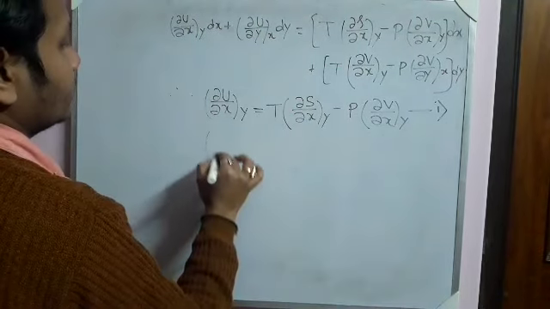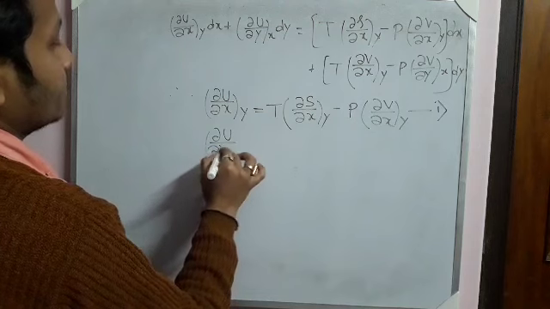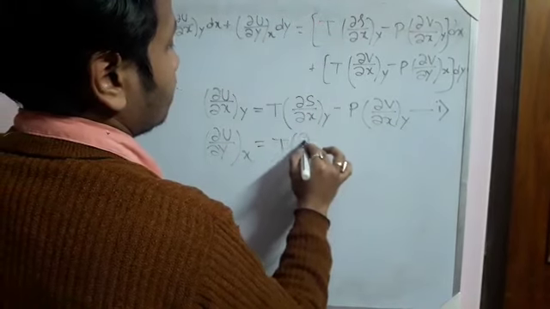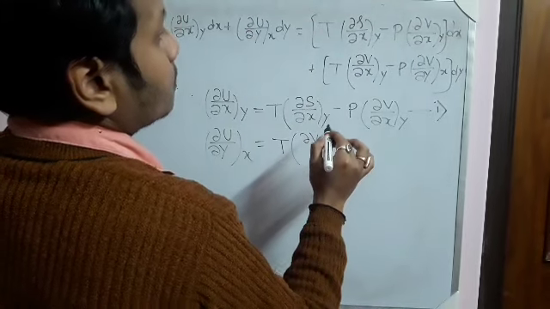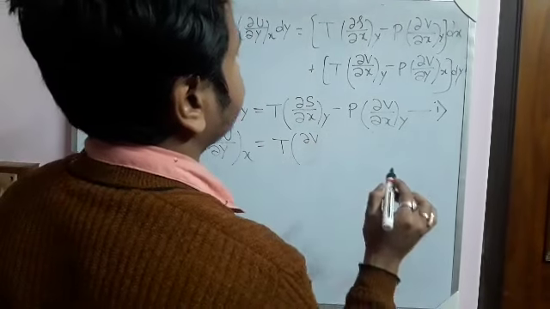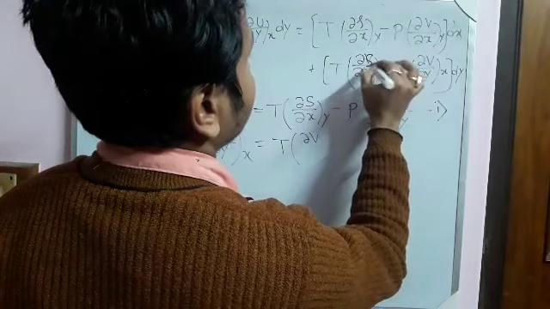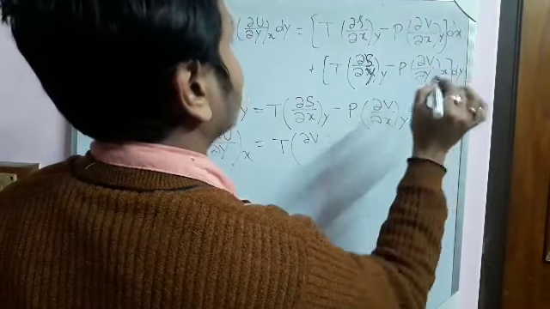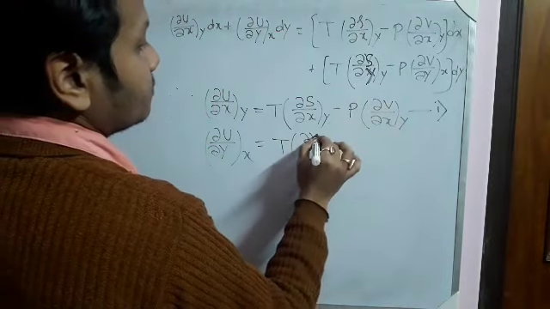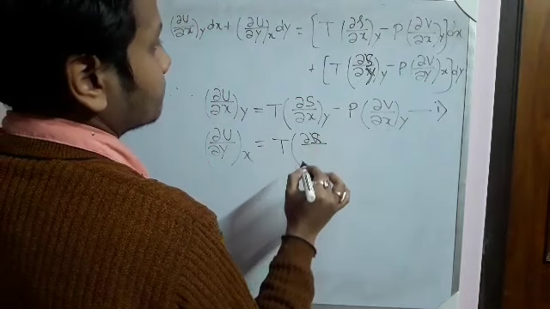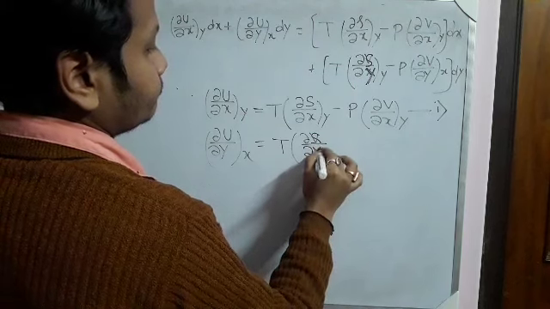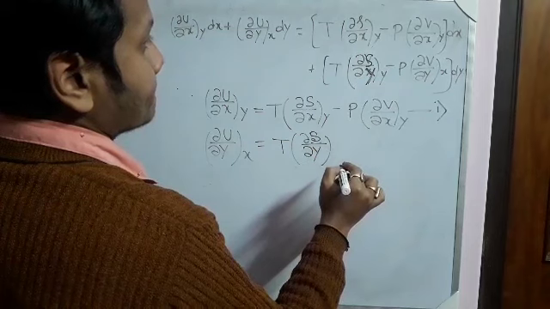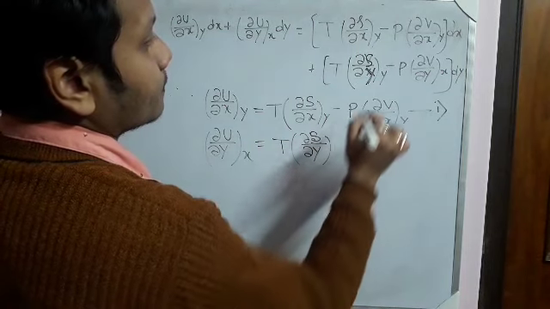And del u del y at constant x equals t into del s del y at constant x, minus p into del v del y at constant x.